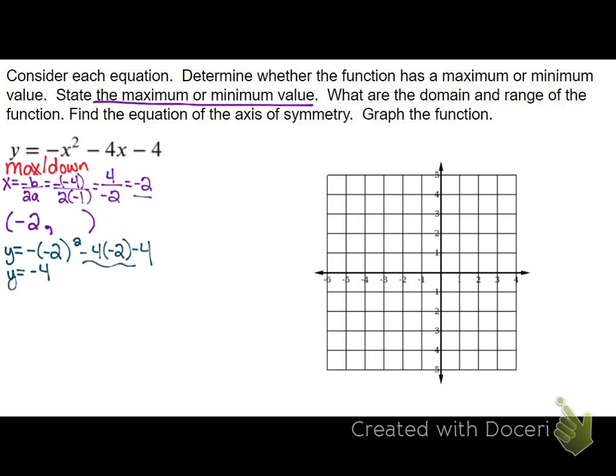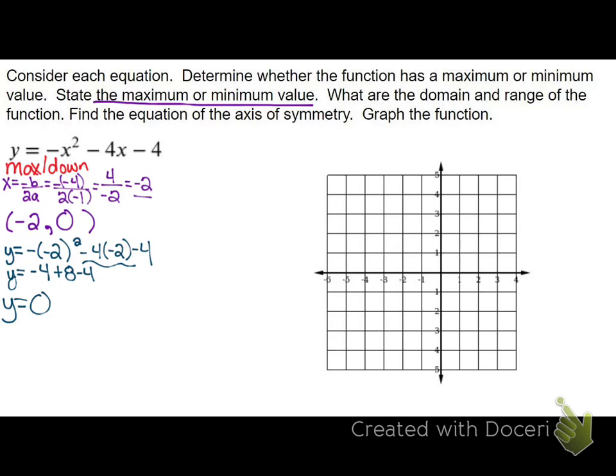Positive 8. And then I bring down my minus 4. When I simplify this, I'm going to have negative 4 plus 8 minus 4. What's negative 4 plus 8 minus 4? 0. So my y value is 0.